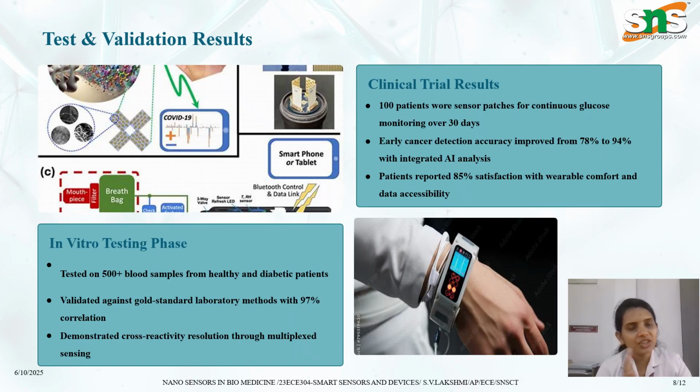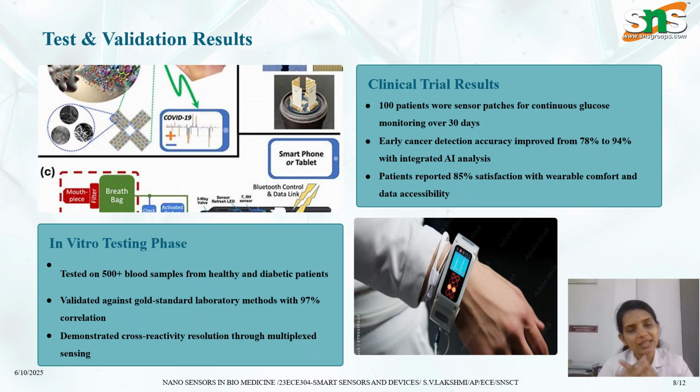Now test and validation. We do in vitro testing phases and clinical trials. The clinical trial results show that 100 patients wore sensor patches for continuous glucose monitoring, and early cancer detection has also improved, and patients reported 85% satisfaction with wearable comfort and data accessibility.